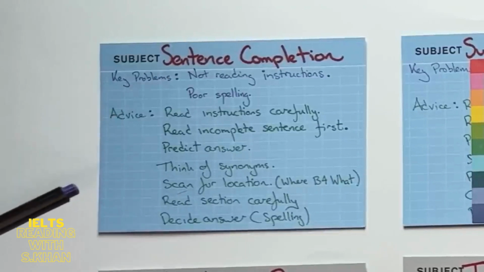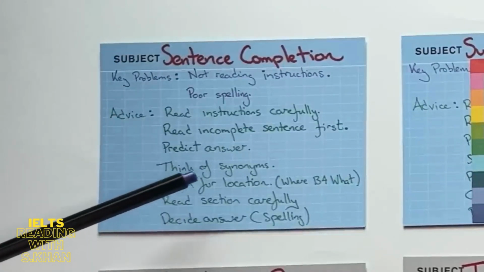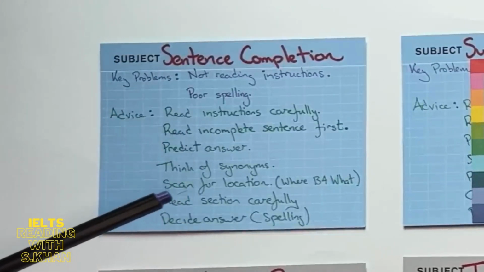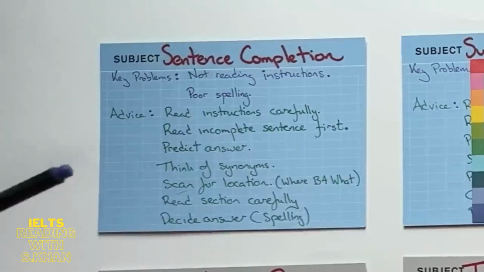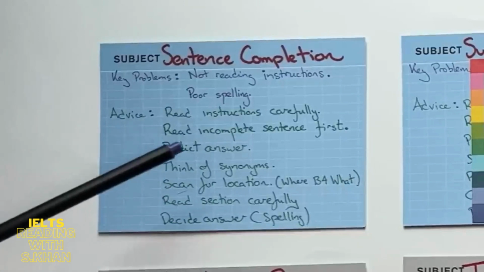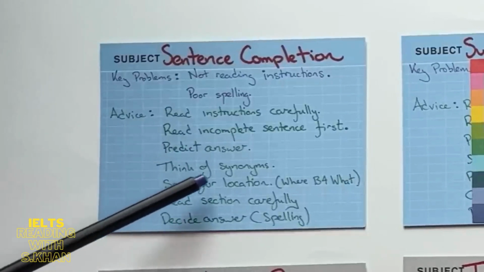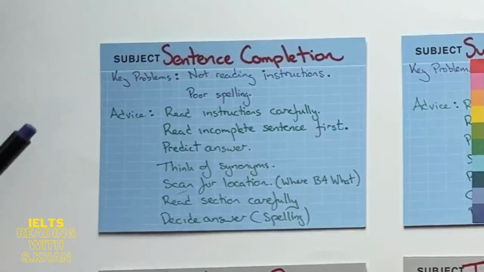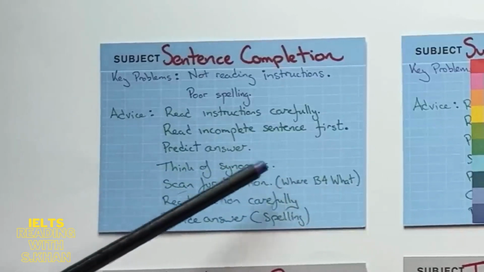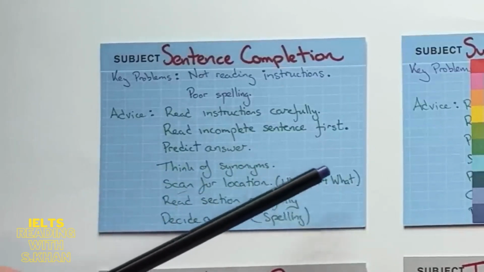Now, for sentence completion, there might be synonyms. So again, this is why we make predictions. Think of the different synonyms that might come up related to your predictions. But also, you're going to next scan for the location of the correct answer. There's a principle I want you to learn first, which is where before what.